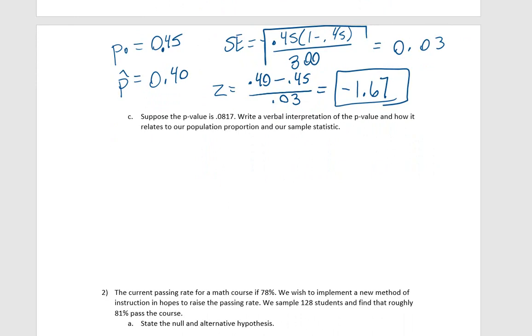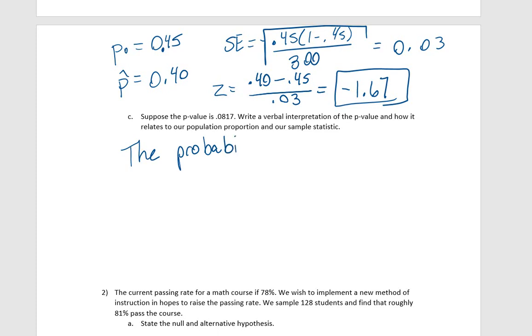Now suppose that using that z-score, we looked at our z-score table, and we found a p-value of 0.0817. What we want to do is write a verbal interpretation of the p-value and how it relates to our population proportion and our statistic. So, here's what we're going to say.